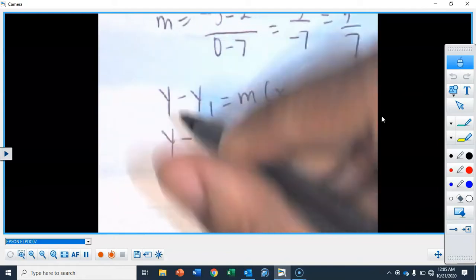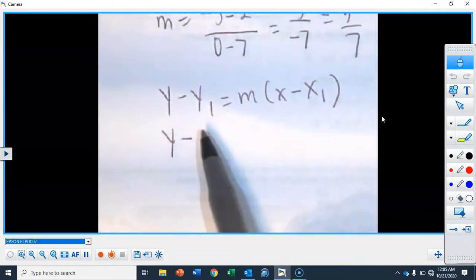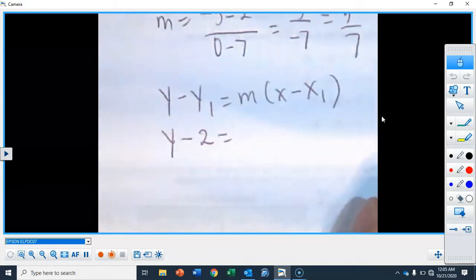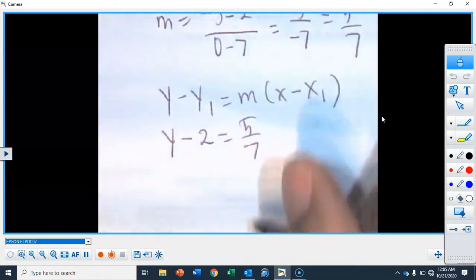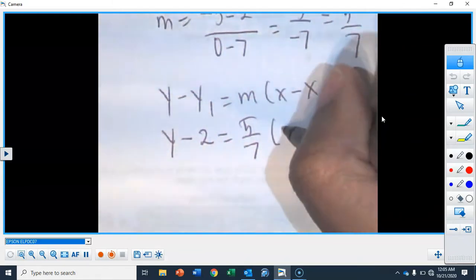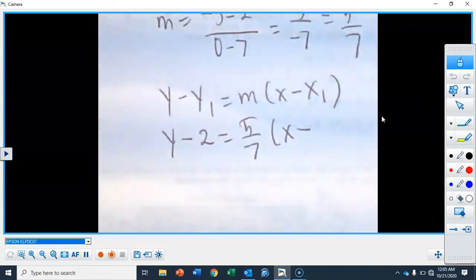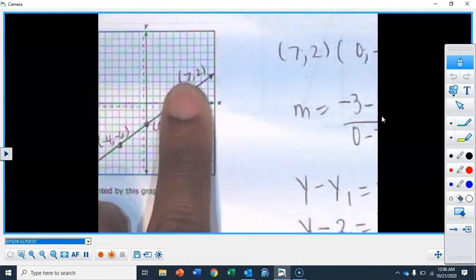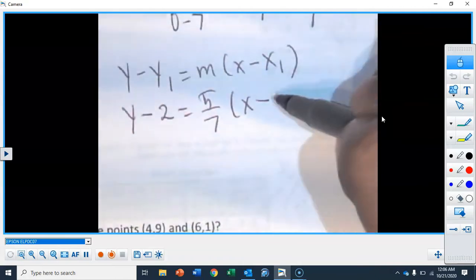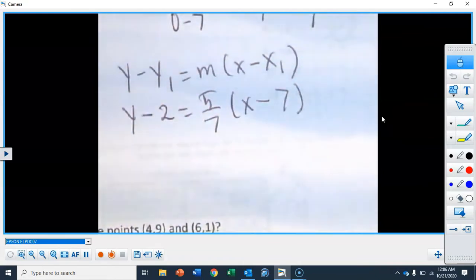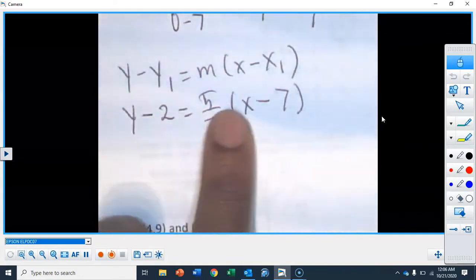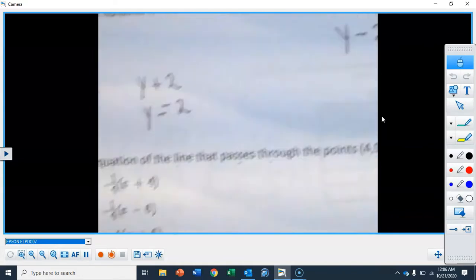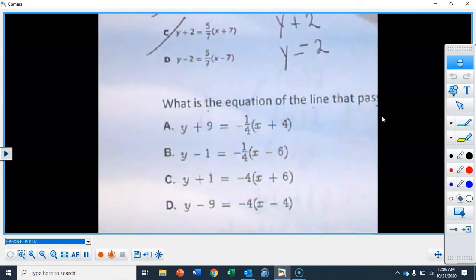So y minus, and my y1 was 2, equals, my m was 5 over 7, open parentheses, x minus, and then, of course, from this point over here, the x1 was 7. So as you can see, you have a minus, and you have a minus, not pluses. The answer has to be D.